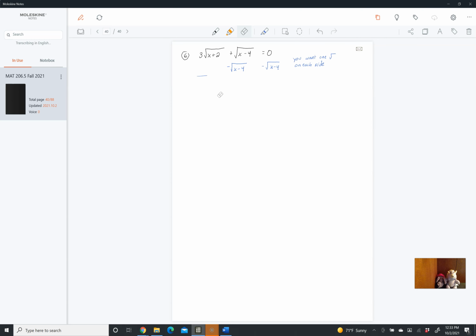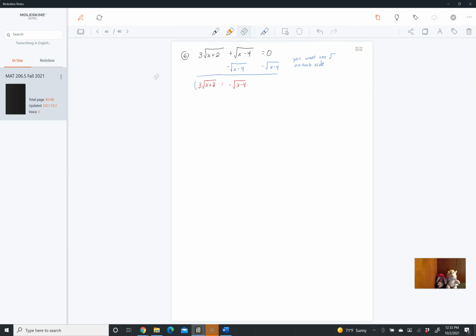The only thing here that makes it a little bit different is that you cannot get rid of this 3, right? Because if you try to get rid of this 3 in front of the square root of x plus 2, the only way to do it would be to divide both sides by 3, but then you're going to have it on the other side. So you can't do anything about it. So you just square both sides at this point.